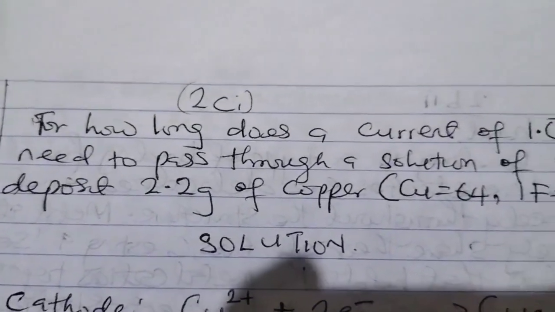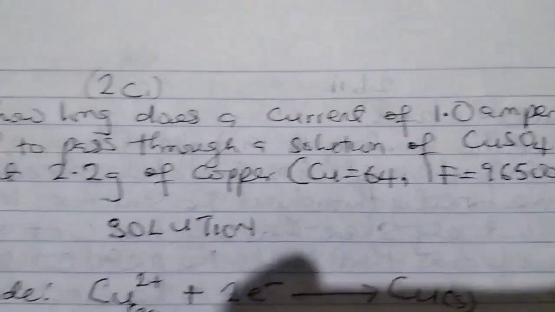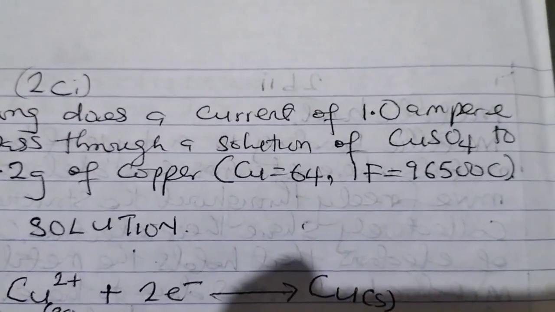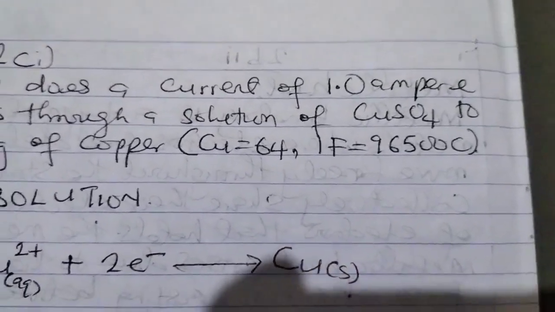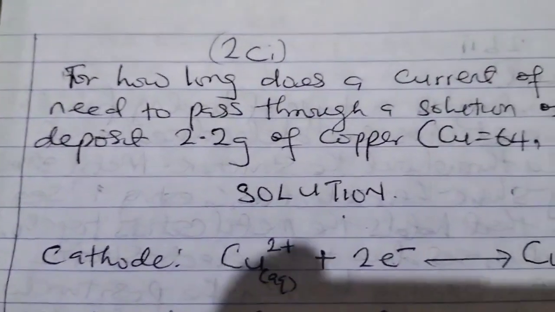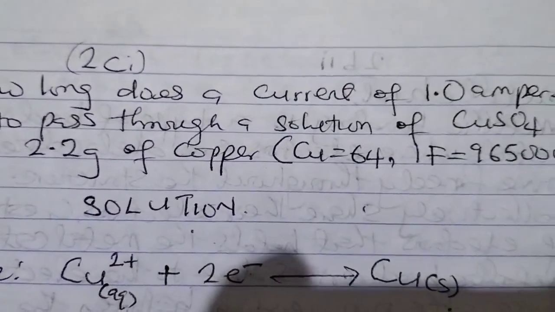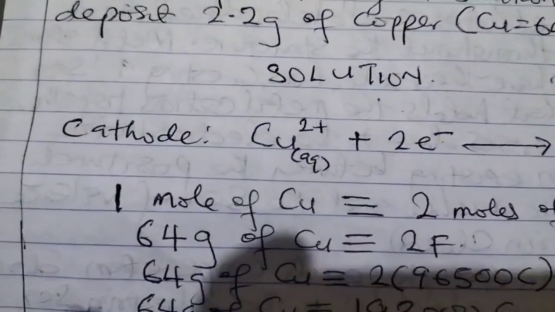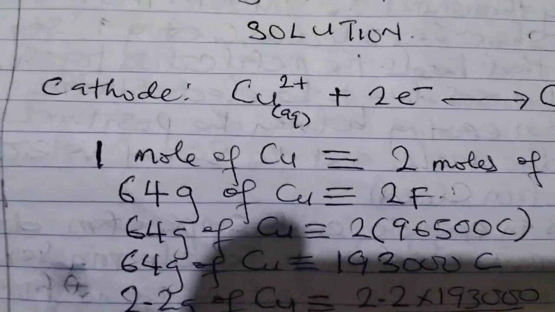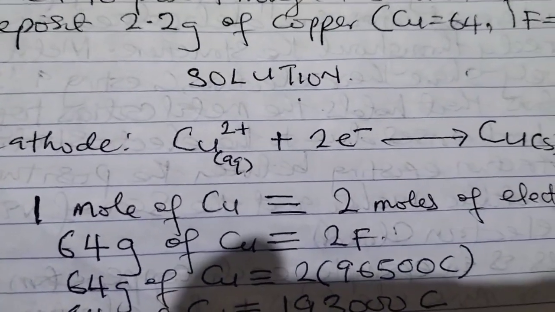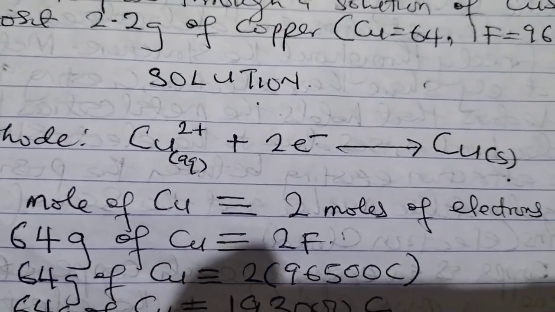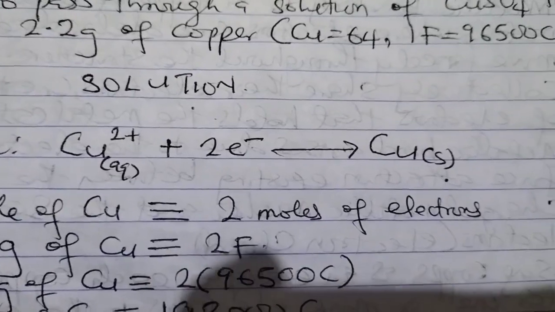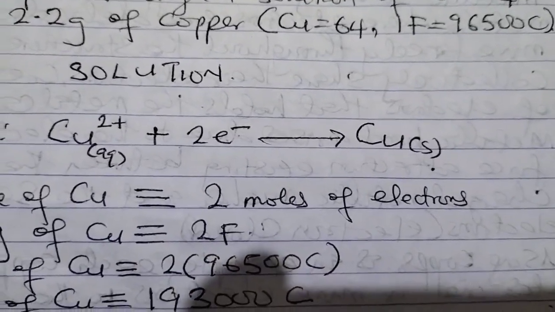Solution: first we write the equation at the cathode, reduction of copper 2 ion to ordinary copper. 1 mole of Cu2+ in aqueous state plus 2 moles of electrons gives 1 mole of copper in solid state.